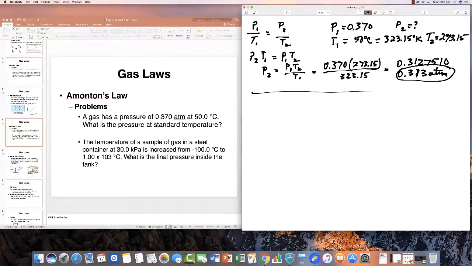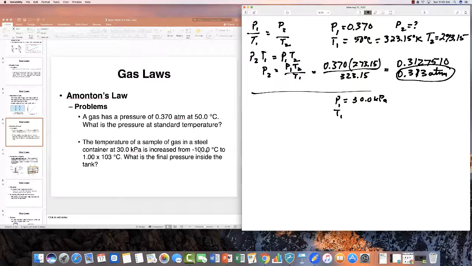The second problem states the temperature of a sample of gas in a steel container at 30 kilopascals, that's just another measure of pressure, is increased from minus 100 degrees C to 1 times 10 to the third degrees C. What is the final pressure inside the tank? Again, we have P1 is 30.0 kilopascals.